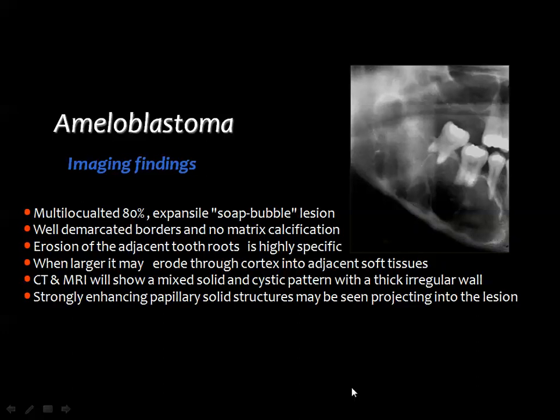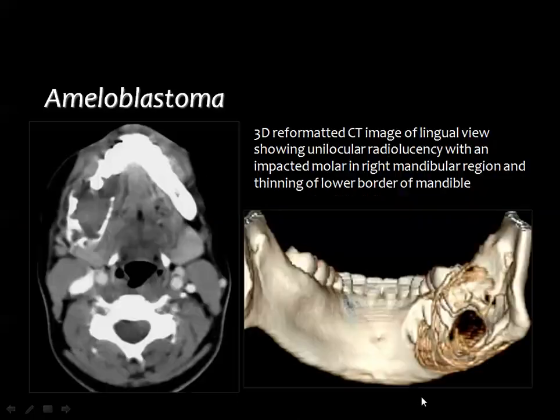Then by CT and MRI, you can see enhancing papillary solid structures projecting within the lesion. And this is an example of an ameloblastoma in the right side of the mandible with an expansion and erosion of the cortex and the affection of the related teeth.